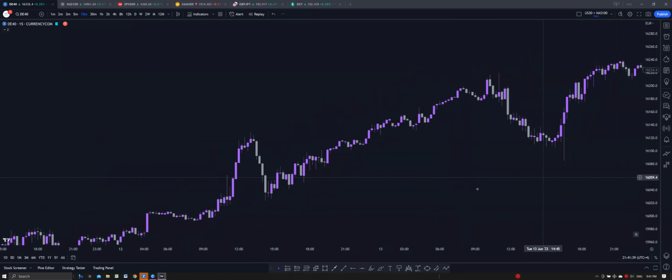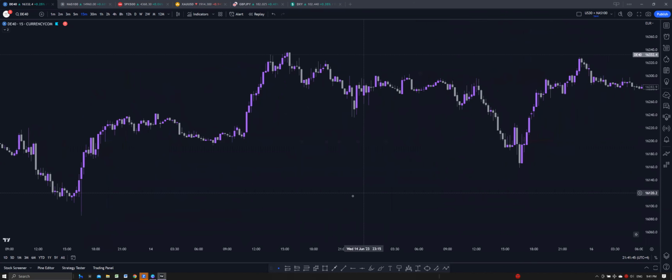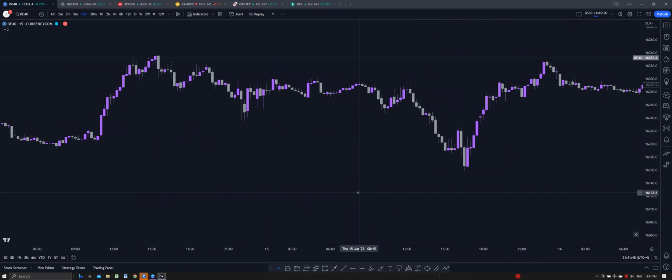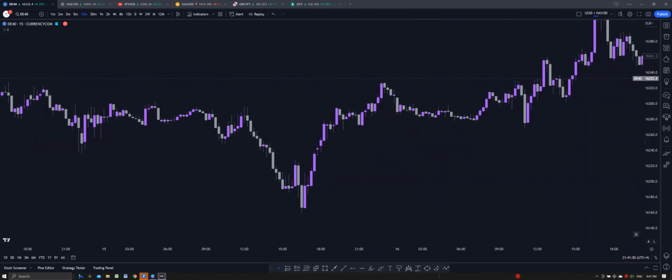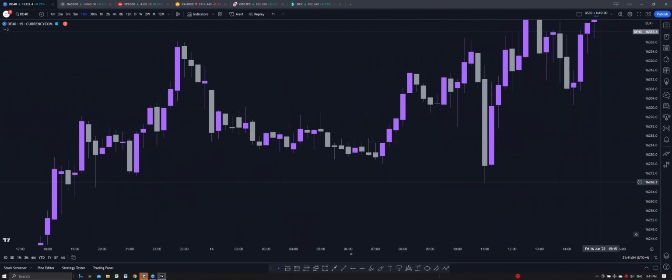All right, so let's look at consolidation here. Okay, there's a good example right here, actually. Yep, we could say this as an example. Let me highlight this area again. This area right there.